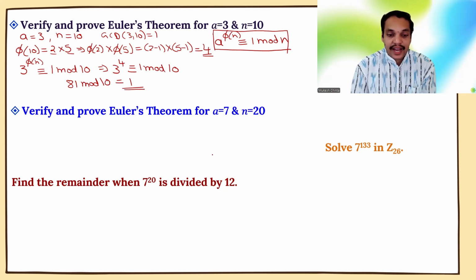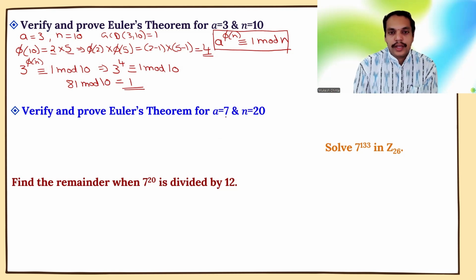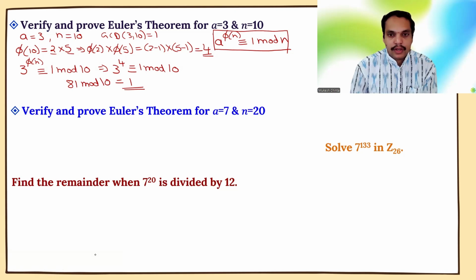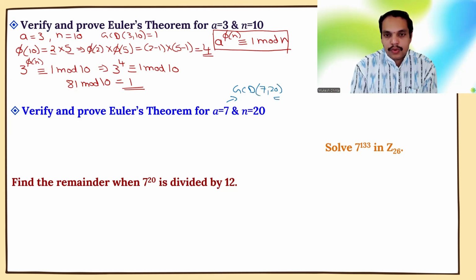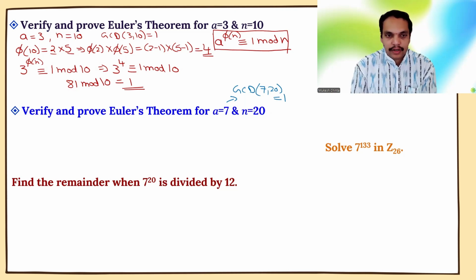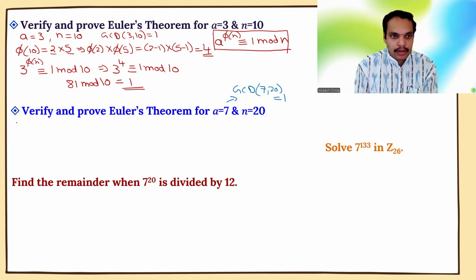Let me try it for the other one also. What if a is equal to 7 and n is equal to 20? Once again, you have to check whether GCD of 7 comma 20 is equal to 1 or not. Yes, it is 1. They do not have any common factor, so I can implement it here. Now I need to find psi of 20.